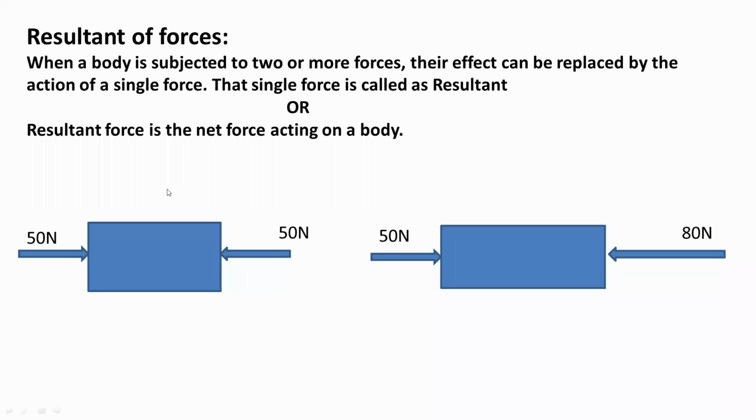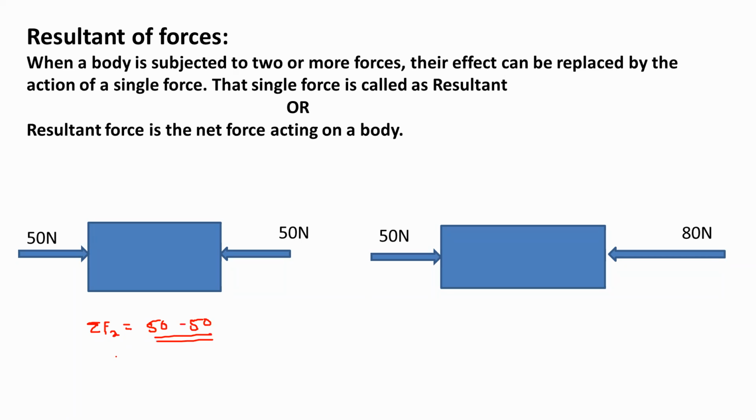So this is a simple example for the resultant, where two forces of 50 Newton each act on the body, one from the positive x direction and the other from the negative x direction. In this case, the resultant force acting on the system is 0. So summation Fx, if you take, this value will be 50 and minus 50.